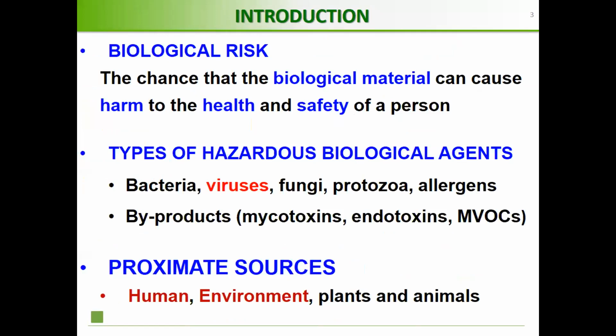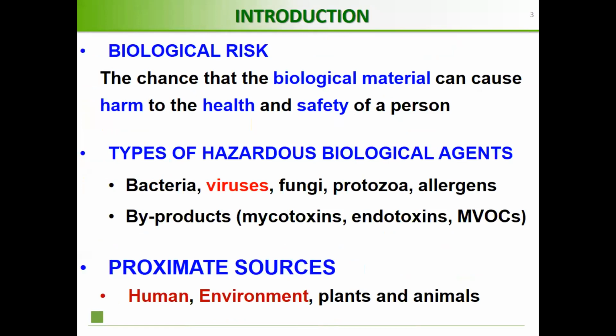Biological risk is the chance that the biological material can cause harm to the health and safety of a person. And there are different types of hazardous biological agents. Those include bacteria and viruses, which is our focus today, fungi, parasites, allergens, as well as the microbial bioproducts that are produced by different microorganisms.